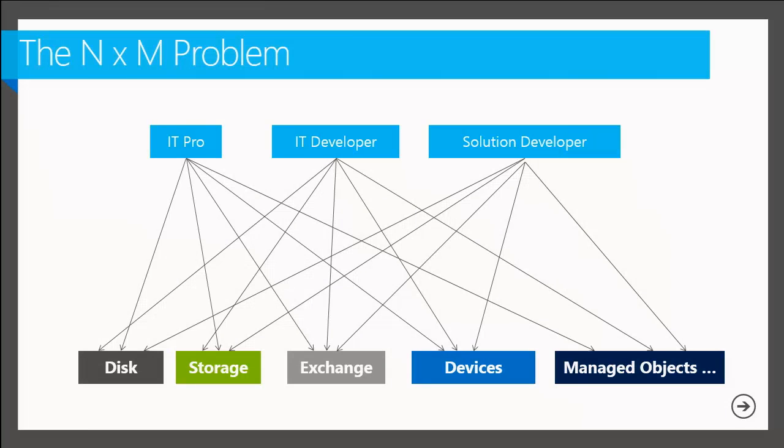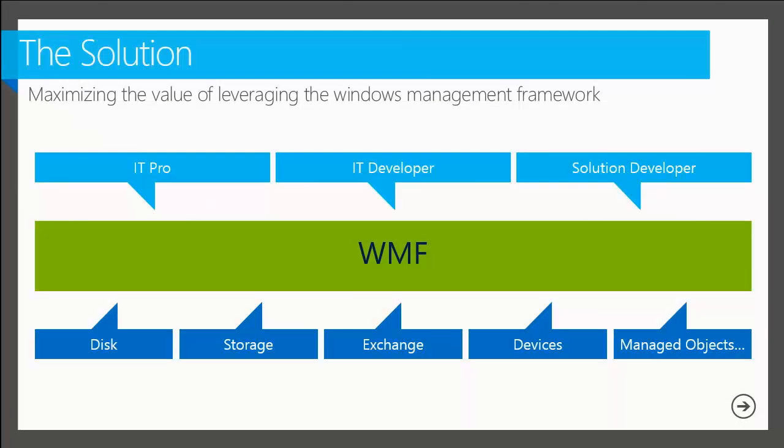So what we tried to do is come up with Windows Management Framework 3.0. I'm not sure if you have heard about WMF 3.0. For the first time we really try to embrace a standards-based model within our management framework. What this really means is that we do not try to come up with a new standard model. We actually try to embrace what's out there already in the field.